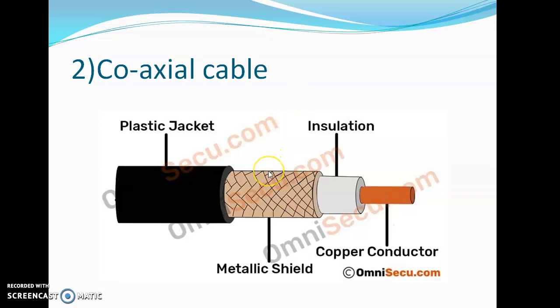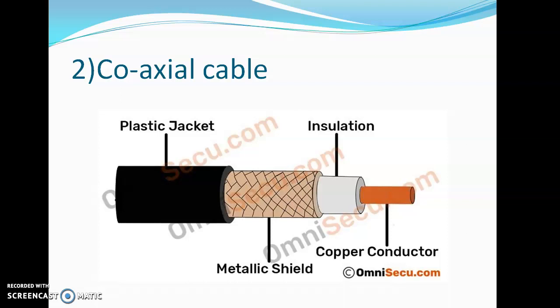So to prevent absorption of the electromagnetic signal and interference with the original signal being transmitted here, we have the metallic shield. Then we have a plastic cover to cover the metallic shield. This is how a coaxial cable looks.